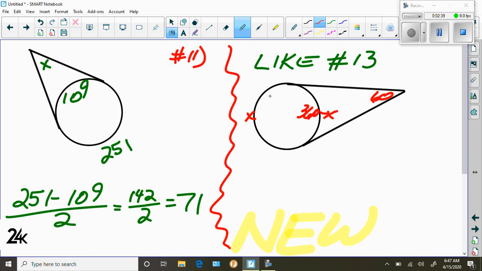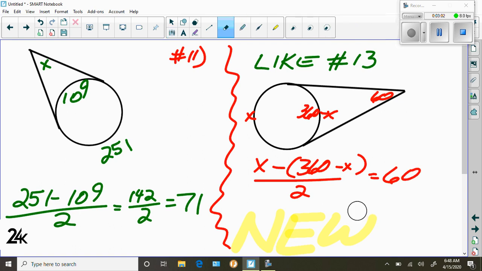In other words, if this was 300, this would be 60, because you know it has to add up to a circle. So instead of 300, it's x. Big whoop. Okay, so now I'm going to subtract big minus small in parentheses divided by 2 equals 60.